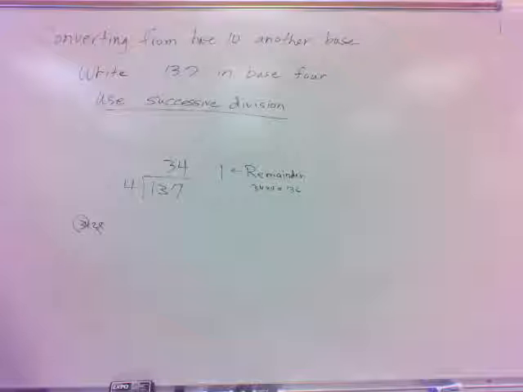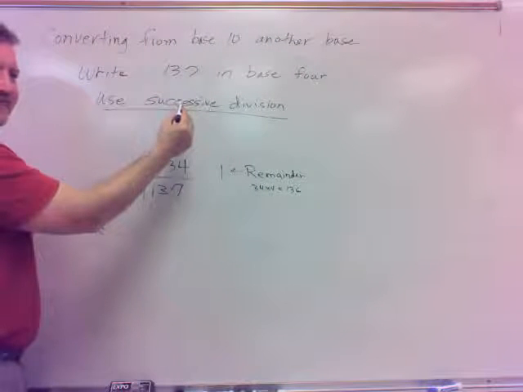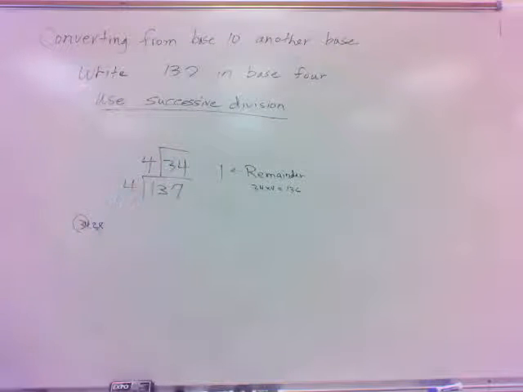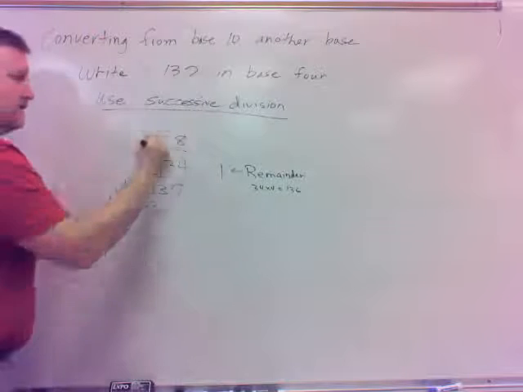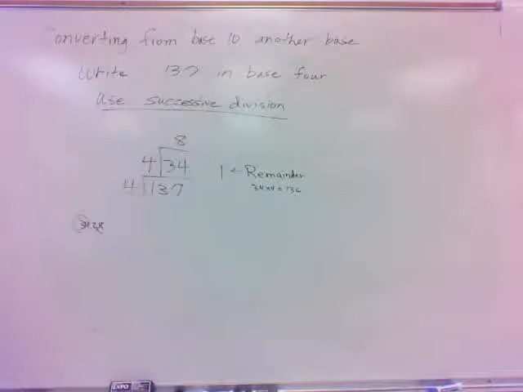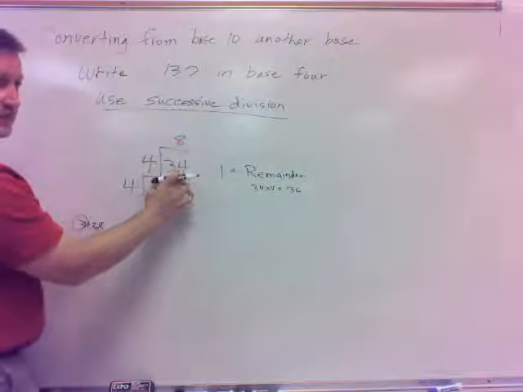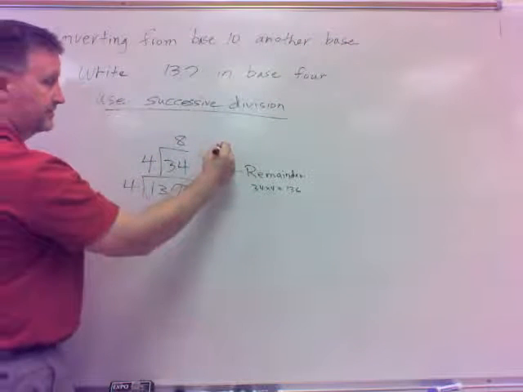Okay? It's called successive division, so guess what I'm going to do? Divide by 4 again. 34 divided by 4 goes 8 times, evenly, whole number. Also though, I want the remainder. 8 times 4 is 32, so that would be remainder 2. It goes to the side of the 8.